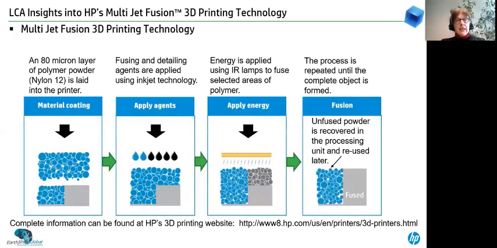So as I said, it's a little bit different technology. You have a bed that can hold multiple parts. The bed then has a layer of material put down. In this case, it was nylon 12, so a little bit of nylon 12 resin. Then some agents were applied. An infrared lamp is applied to fuse where the resins are applied.